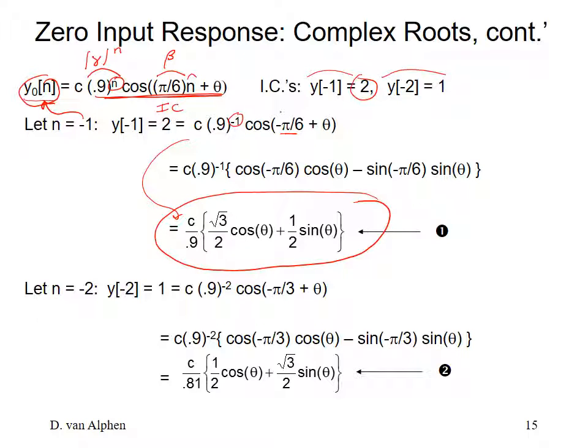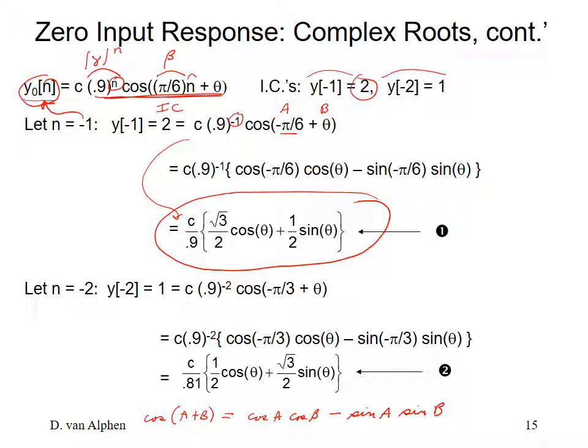We're going to write this as cosine a plus b. There's a trig identity that I'm going to write at the bottom here: cosine of a plus b is cosine a cosine b minus sine a sine b.